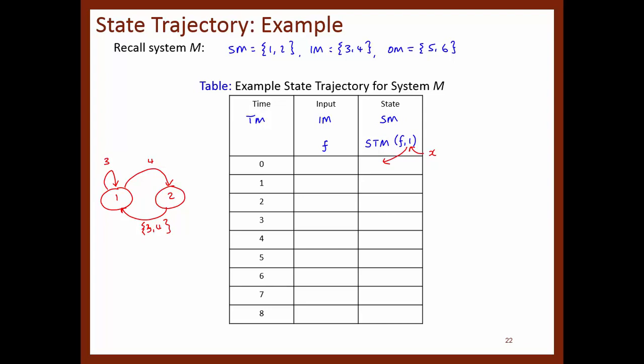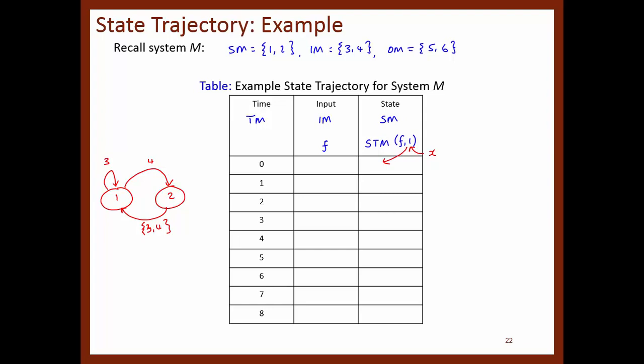This is an example of a state trajectory for system M. We're going to look at time, so this is the time period, from time 0 to time 8. I'm going to generate some inputs, and I'm going to tell you this is the input that the system is receiving at each time period. Then, based on those inputs, you have to tell me what is the next state of your system.